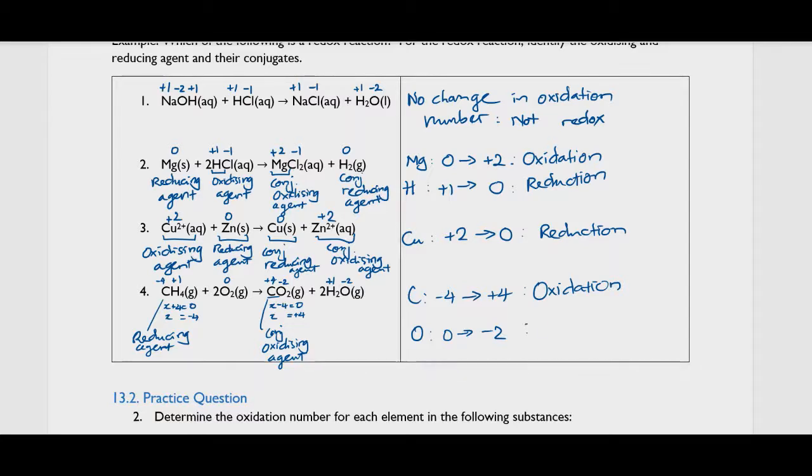So oxygen has undergone reduction, and O2 must be the oxidizing agent. And H2O is the conjugate reducing agent of O2. Okay, so whenever you see covalent substances in an equation, oxidation number is probably the best tool you have to determine whether or not the reaction is redox, but also to determine which one is the oxidizing agent and which one is the reducing agent.